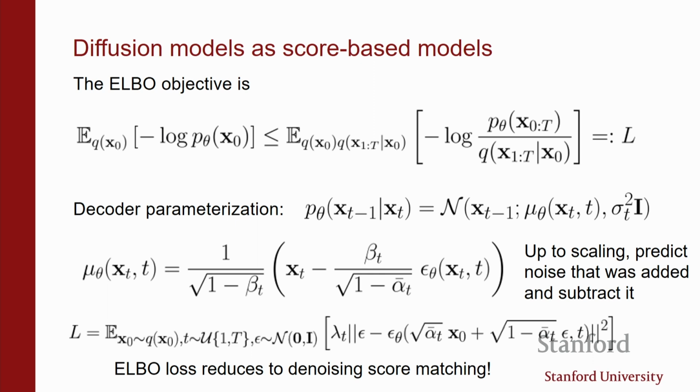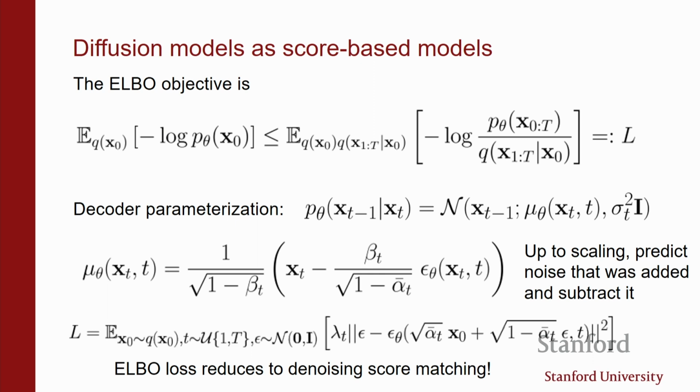If you parameterize these mean networks by saying, okay, take the data point that you have and subtract something to make it look more realistic, this network essentially ends up trying to estimate the score of these noise-perturbed data distributions. And so, although we derived everything from the perspective of a variational autoencoder, it turns out that what you're actually doing is estimating scores. So the score-based model would sample differently.